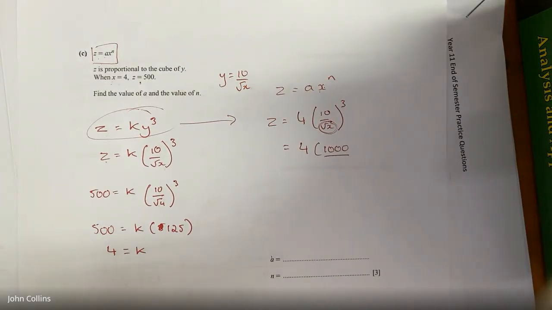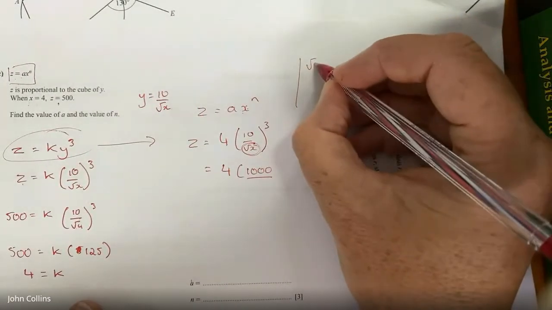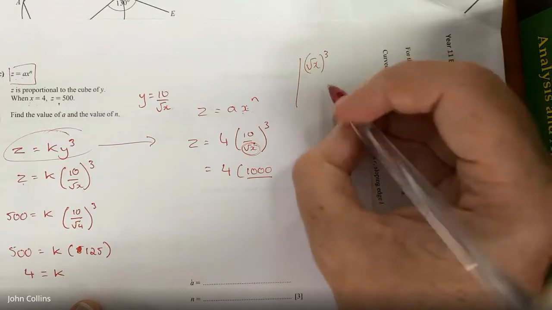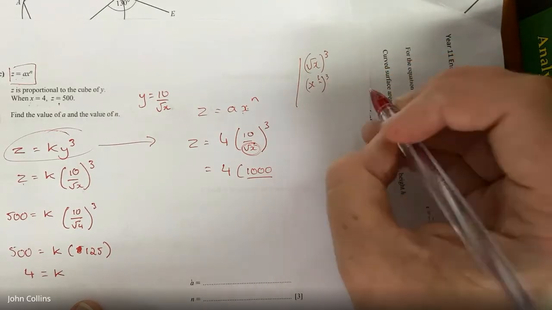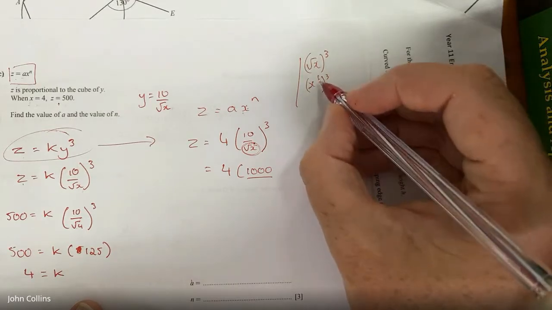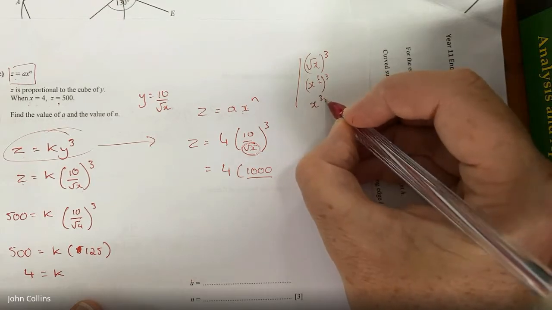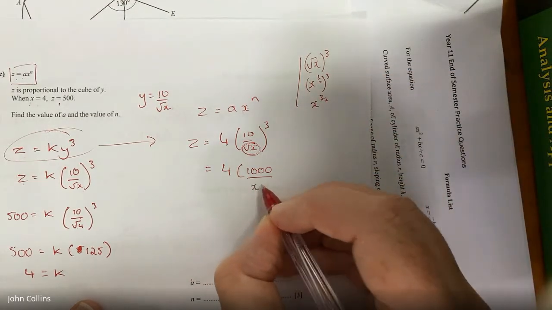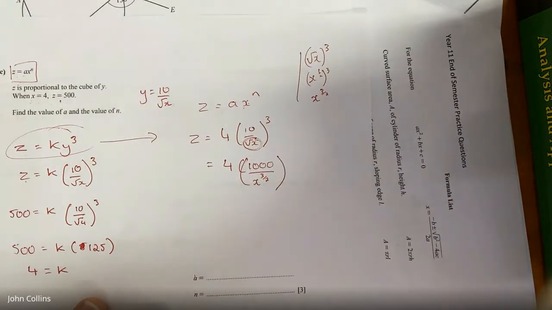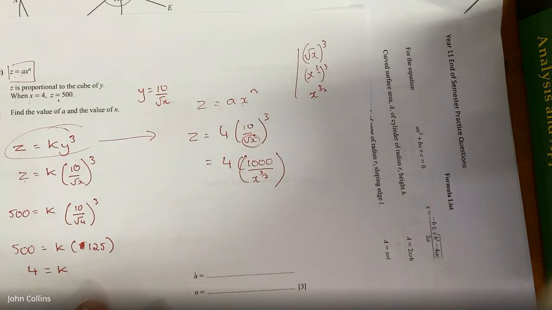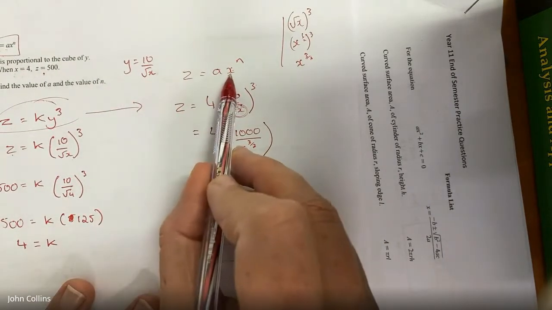Root x cubed. Maybe do a sidebar here. Root x to be cubed. Remember, root x is x to the half. And x to the half cubed, or multiplied by 3, is x to the 3 over 2. So you have x to the 3 over 2. So I've applied the cube to both. So I'm trying to get it to look like this. I want x above the line.